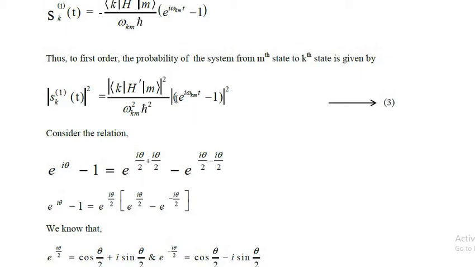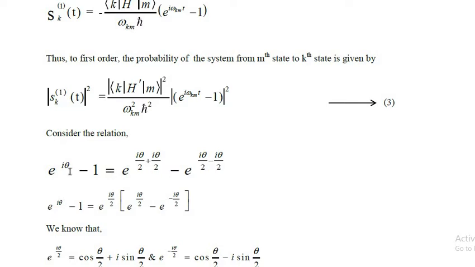Now to solve this modulus e power i omega_km t minus 1 the whole square, consider the relation e power i theta minus 1. So if you compare this and this, we have theta is equal to omega_km into t. So e power i theta minus 1 is equal to e power i theta by 2 plus i theta by 2 minus e power i theta by 2 minus i theta by 2.